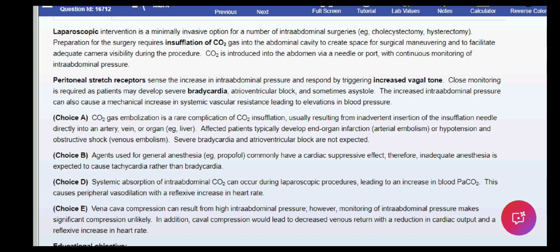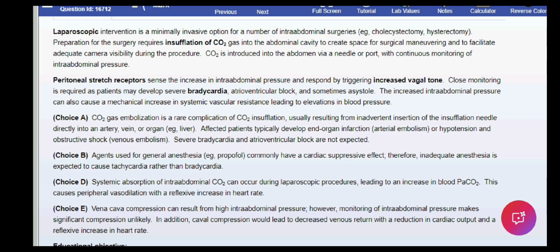The other choices are not related, meaning CO2 gas embolization is a rare one, not related to severe bradycardia. Agents for general anesthesia like propofol could cause cardiac suppression, but inadequate anesthesia could cause tachycardia, not bradycardia.